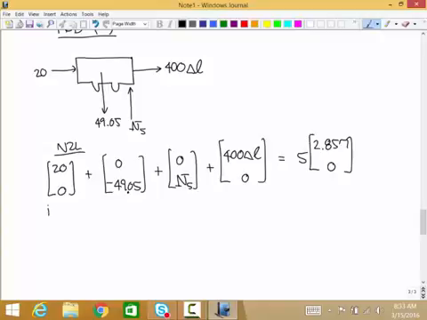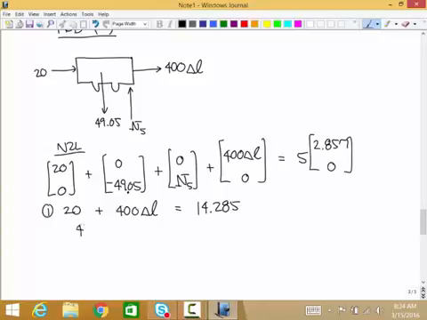And so the first equation says 20 plus 400 delta L is equal to 5 times 2.857. That is 14.285.